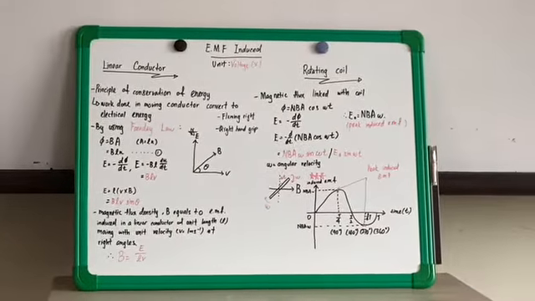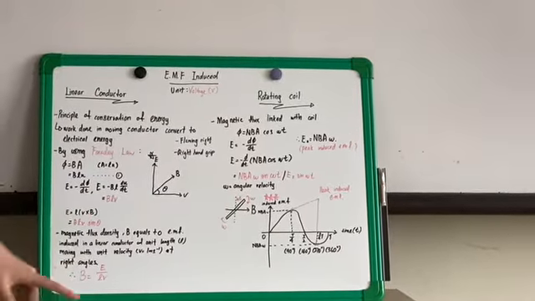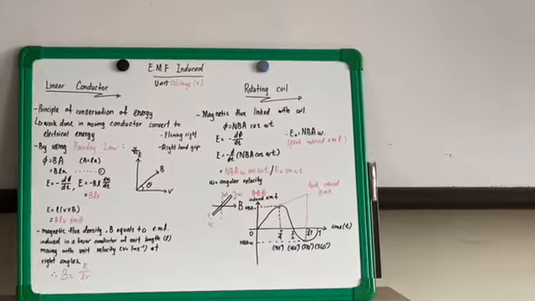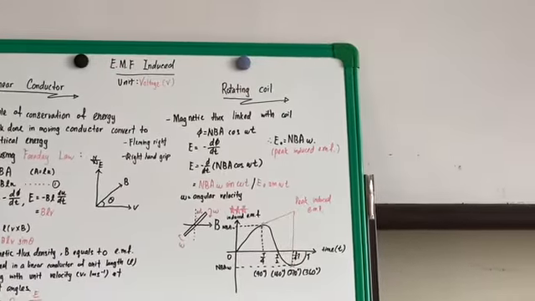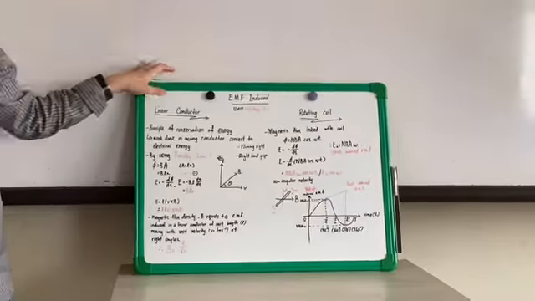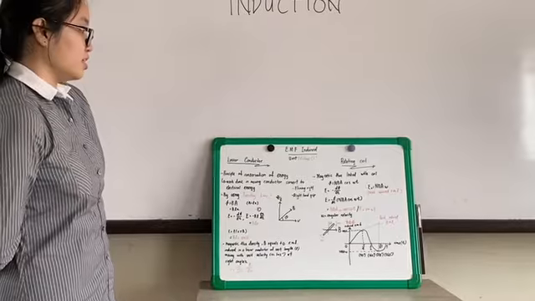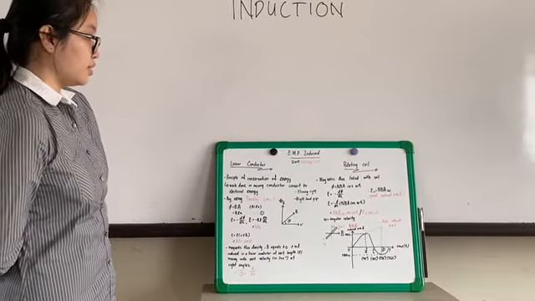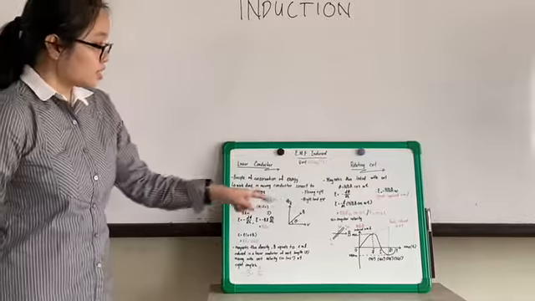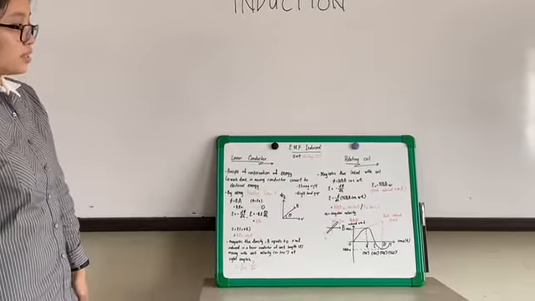About the rotating coil, the magnetic flux linked with the coil will be phi equals NBA cos omega t. Omega will be the angular velocity. By using this equation, we will get the induced EMF, which will be NBA omega sin omega t.